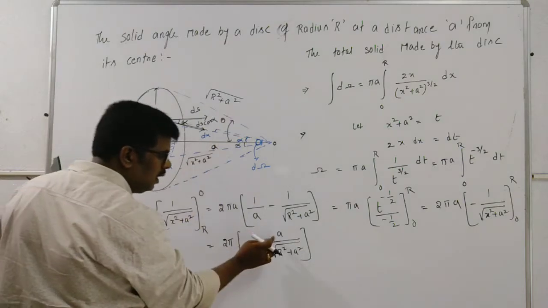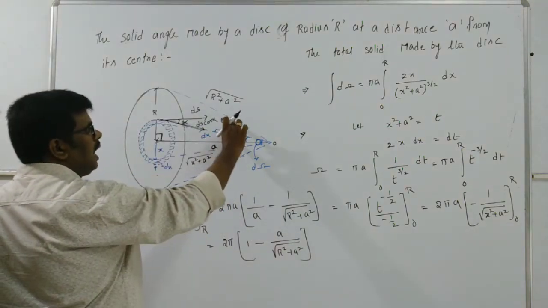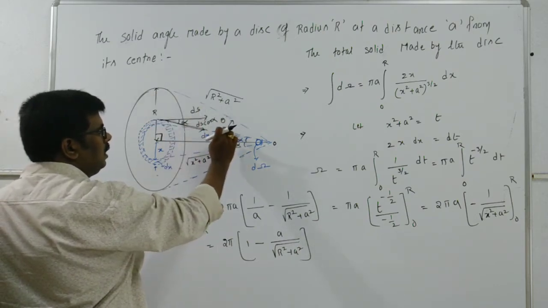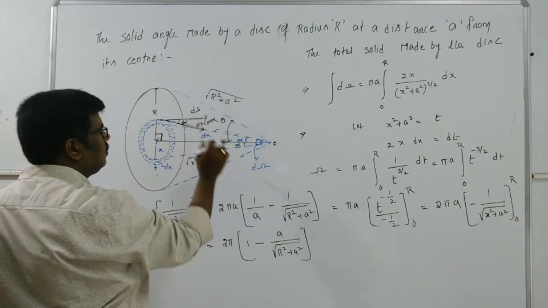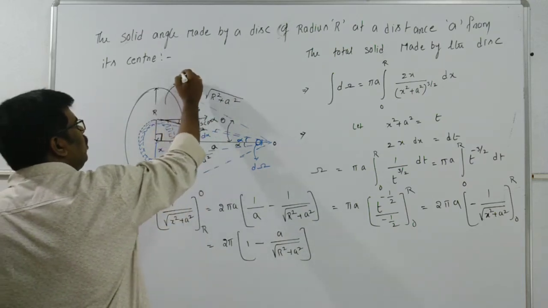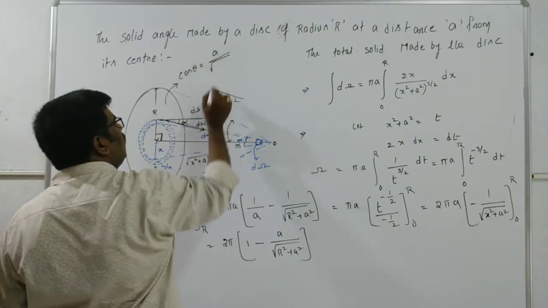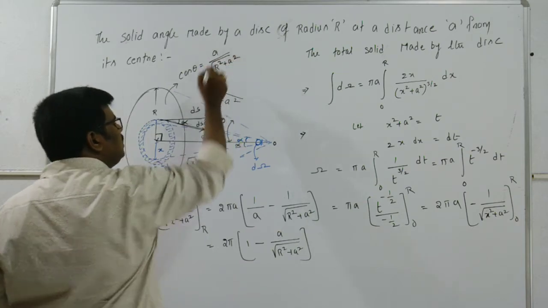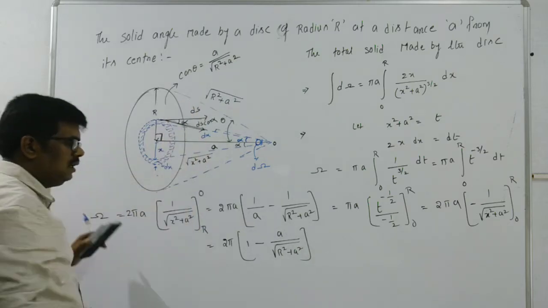Then shall I write this? A by root over r square plus a square is the angle's cos theta. From this triangle, cos theta means a by under root of r square plus a square. So in this place I am writing cos theta.